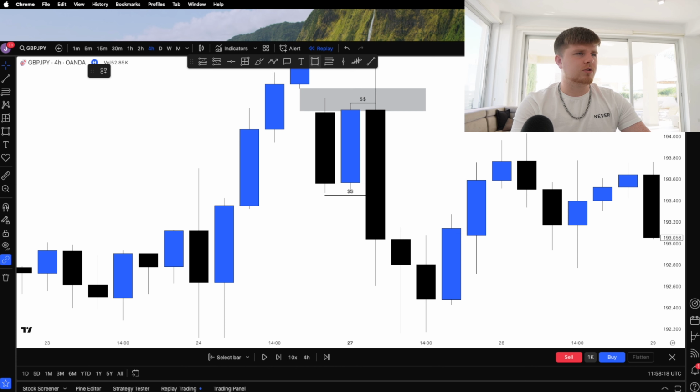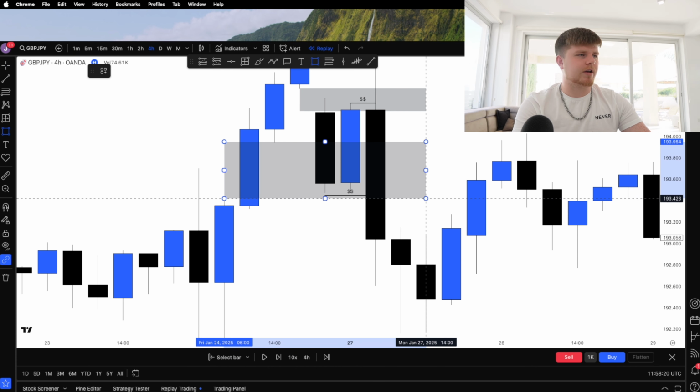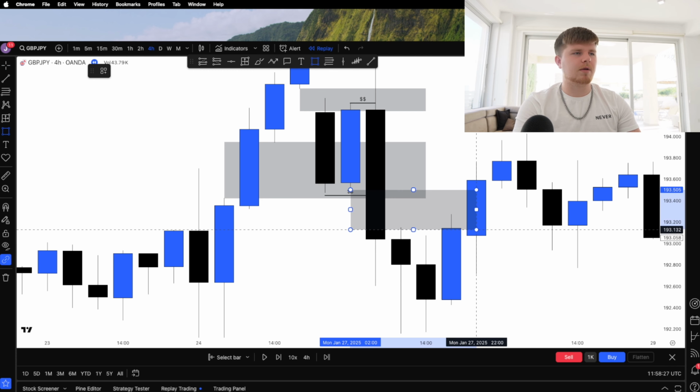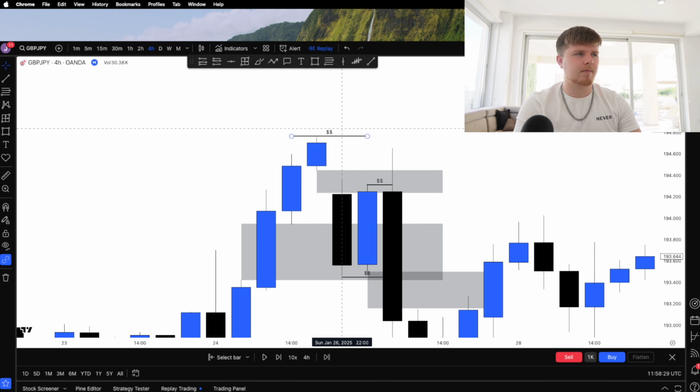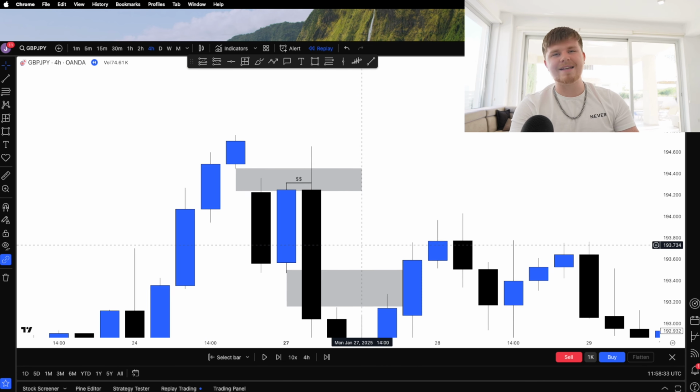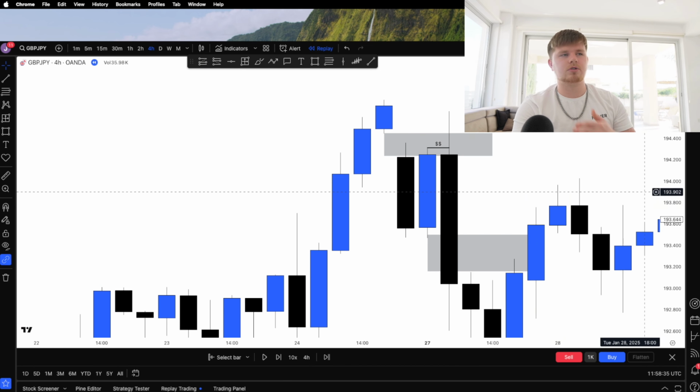So what price does is it disrespects this fair value gap whilst also taking out this low, which means it's got to retrace then to the nearest fair value gap. But then we also look at the fact that there's a gap here, which makes it very messy, but it's still very easy to understand because all you have to do is look at fair value gaps and liquidity.